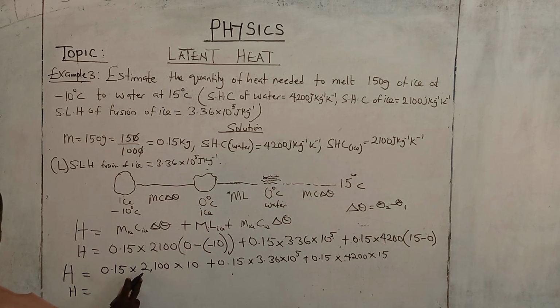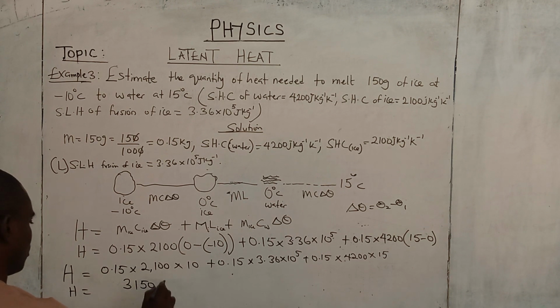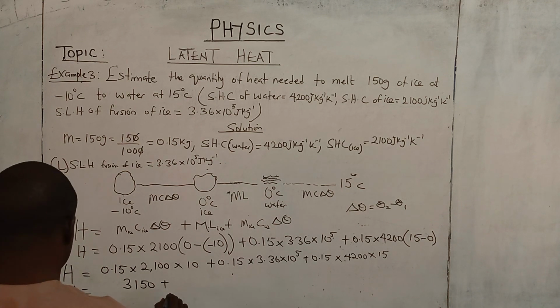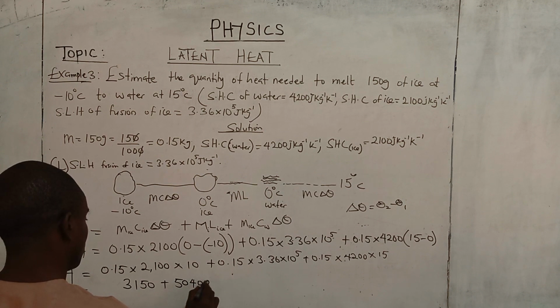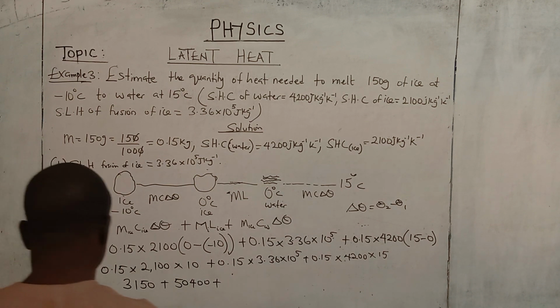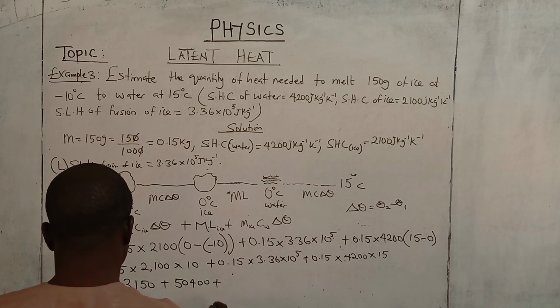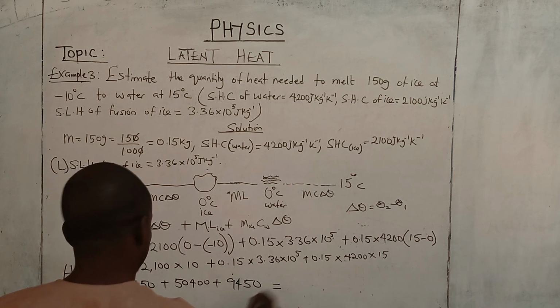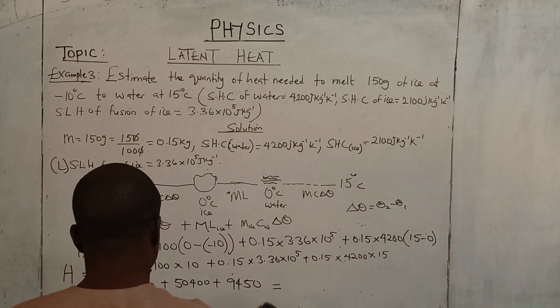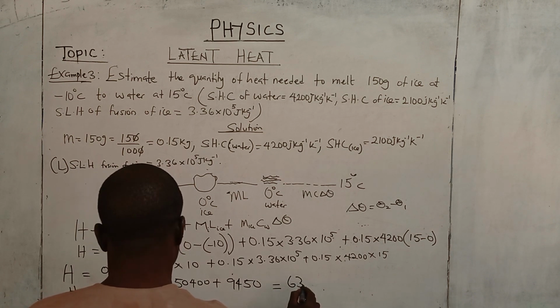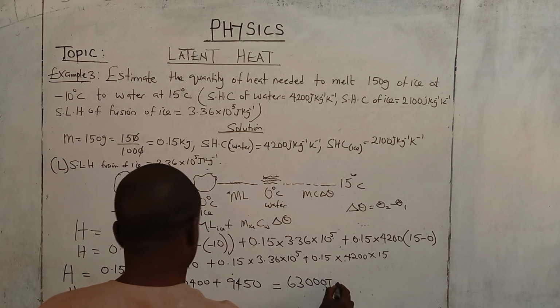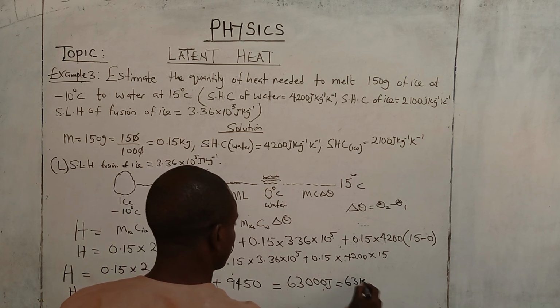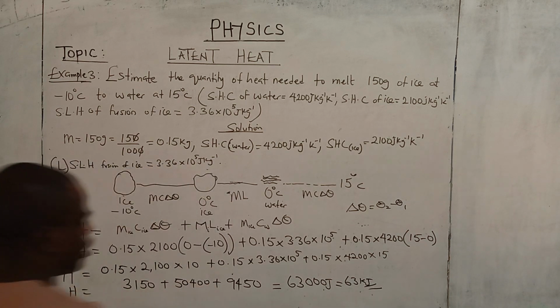You have 3,150 plus 50,400 plus 9,450. When you add them together, you have 63,000 joules. Converting to kilojoules by dividing by 1,000, that gives 63 kilojoules.